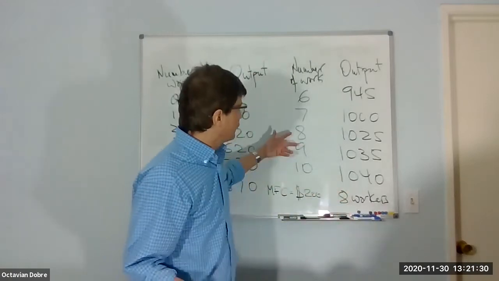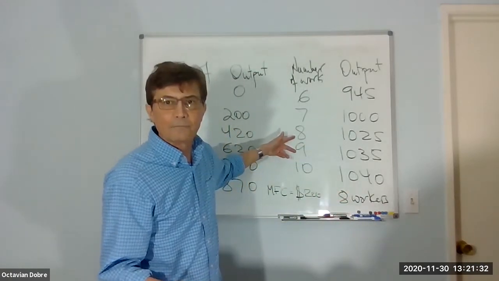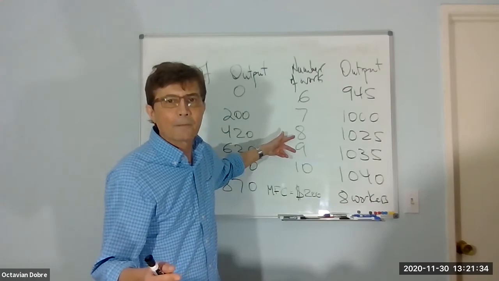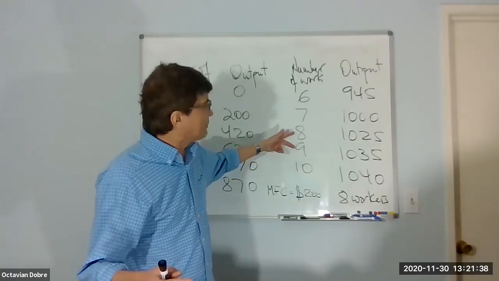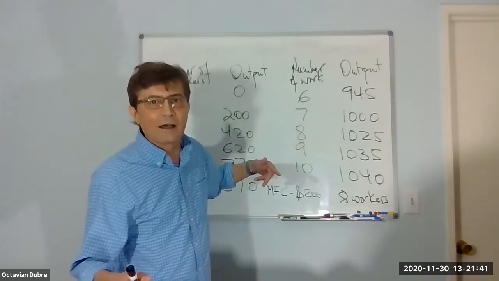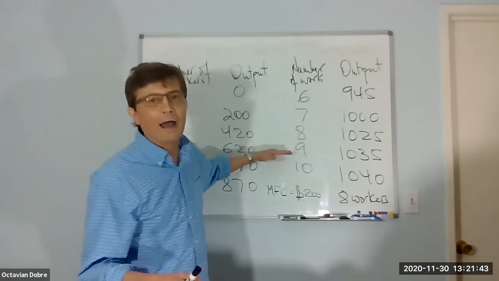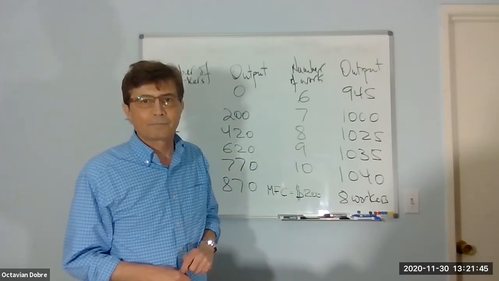Well, how much do they contribute in terms of units? 10, exactly. So what would be the price for them to be willing to hire 9 workers? 20. 10 times 20, exactly.